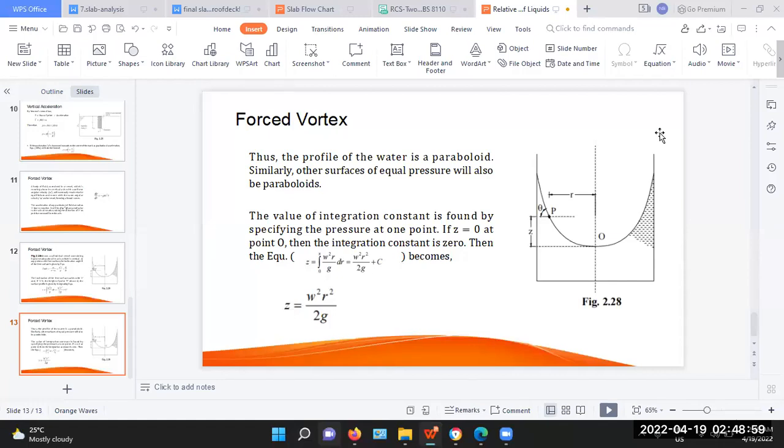So doon nagtatapos yung ating topic for this discussion or sa topic natin sa relative equilibrium of the liquids. So next topic natin or recorded lecture is regarding na doon sa ating fundamentals of the fluid flow or focus tayo sa ating Bernoulli's equation.